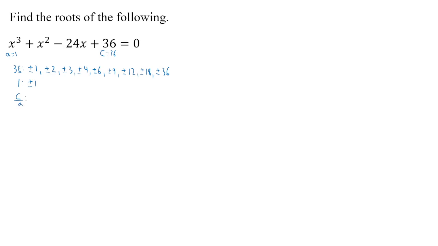Therefore, your possible rational roots are 1 over 1, which is 1, 2 over 1, which is 2, 3 over 1, which is 3, 4 over 1, which is 4, 6 over 1, which is 6, 9 over 1, which is 9, 12 over 1, which is 12, 18 over 1, which is 18, and 36 over 1, which is 36.